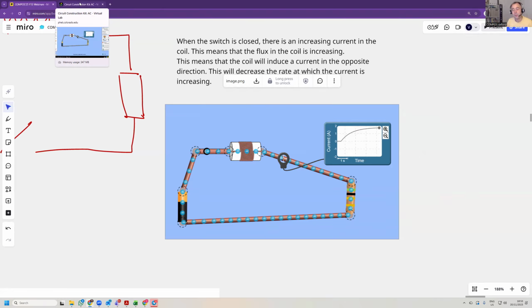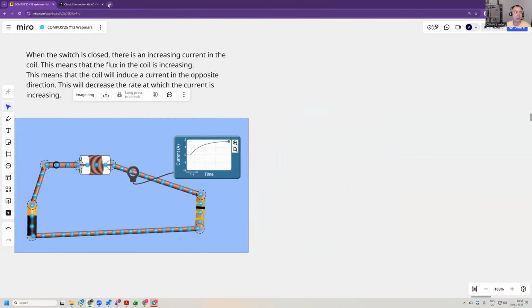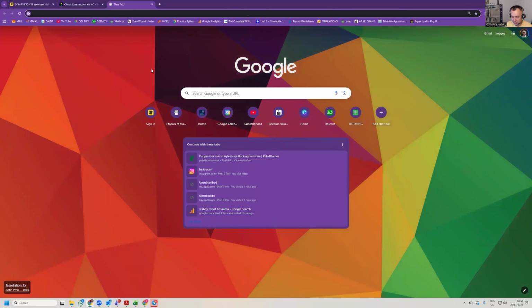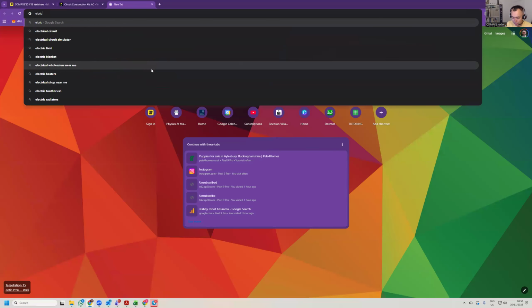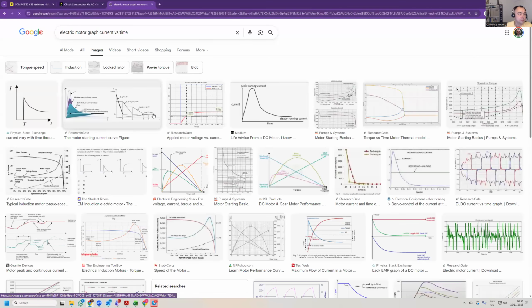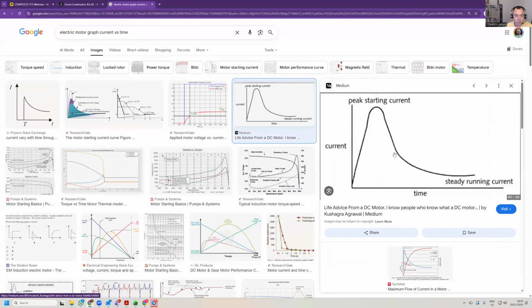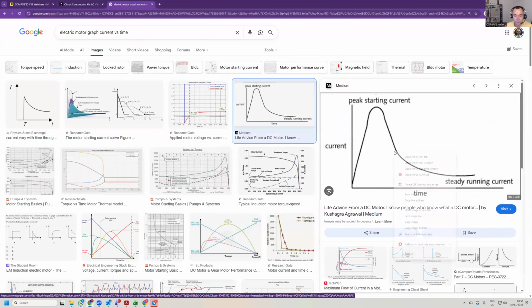And that's another reason. If you take an electric motor and switch it on, the graph of current versus time is another thing.